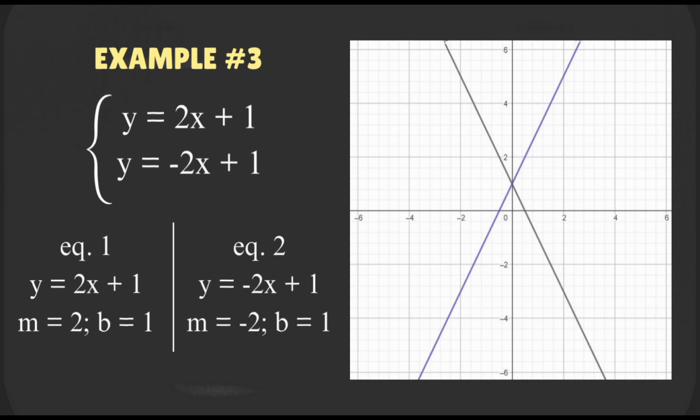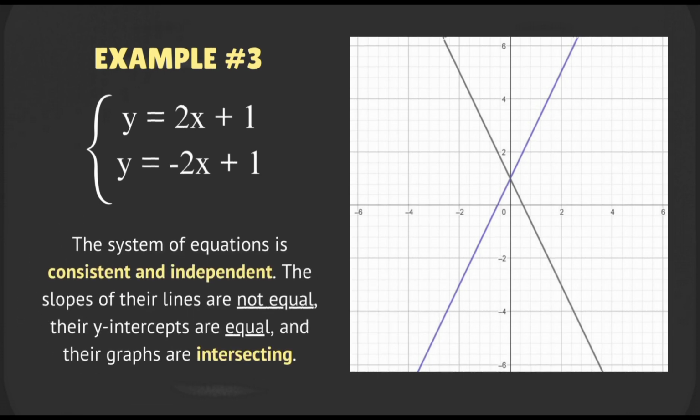And in equation 2, our m is negative 2 and b is equal to 1. And it will give us this graph. So therefore, the system of equations is consistent and independent. The slopes of their lines are not equal, their y-intercepts are equal, and their graphs are intersecting.